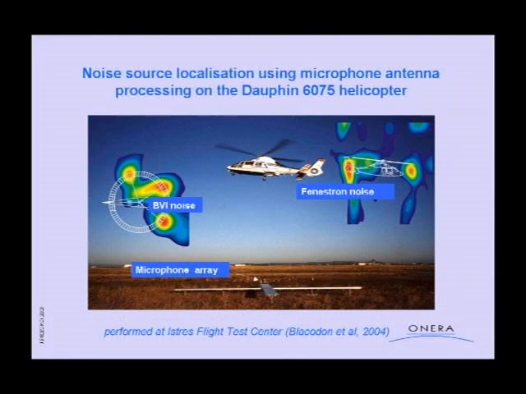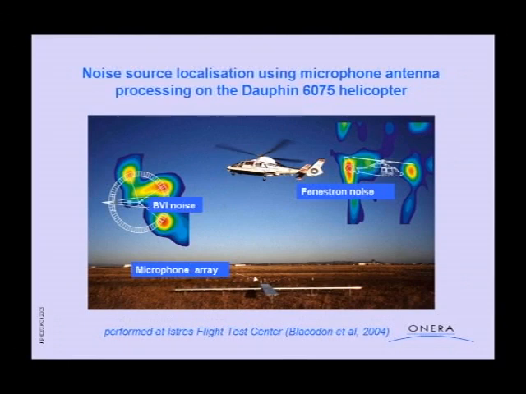Just before the conclusion, I have to say that when you modify the flight conditions, you also modify the operating conditions for the tail rotor. And in some cases, you have to account for this in your noise prediction.